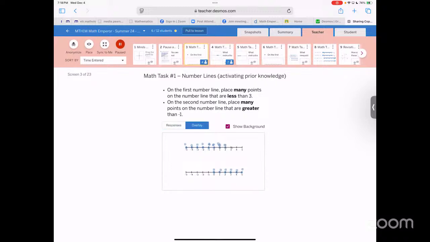So if you really see on the first number line, place as many points on the number line less than 3, isn't it? If you guys see, is that representing a shaded line, or is it just representing single dots?